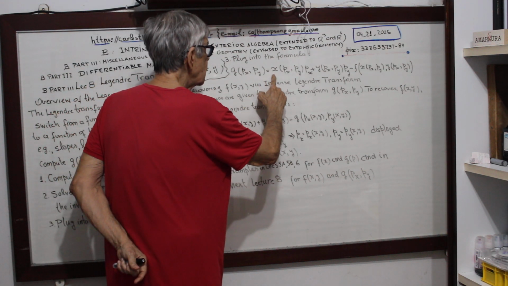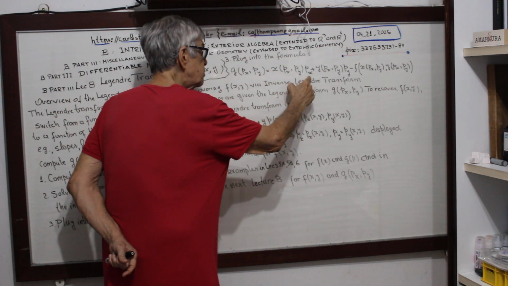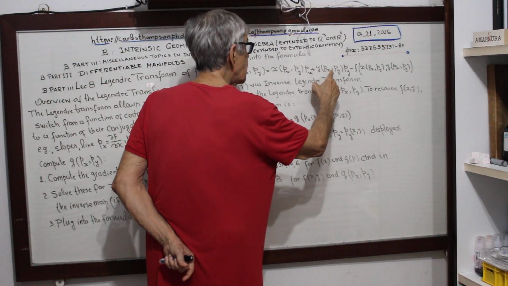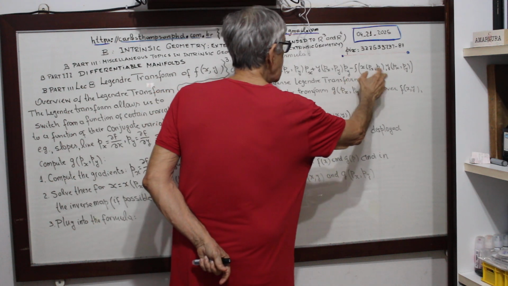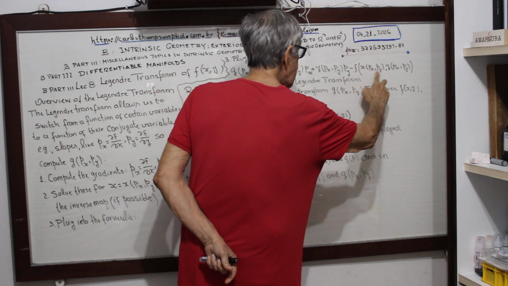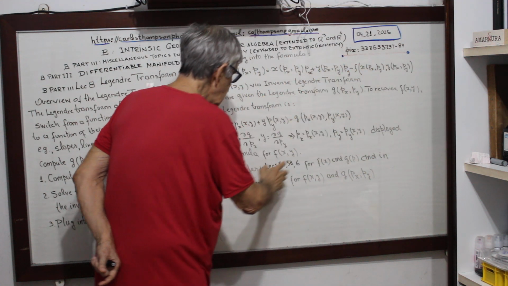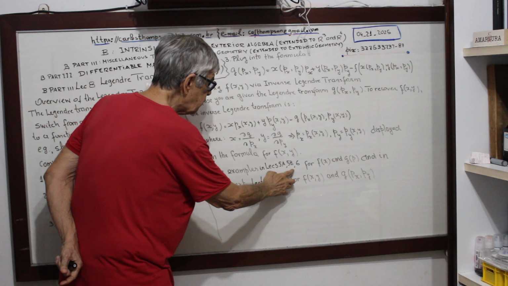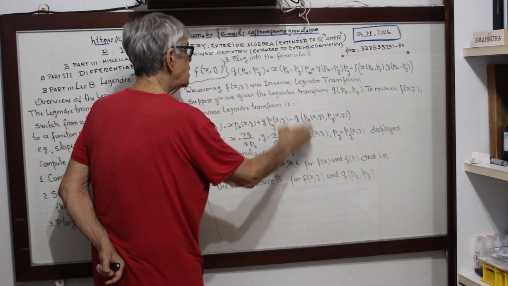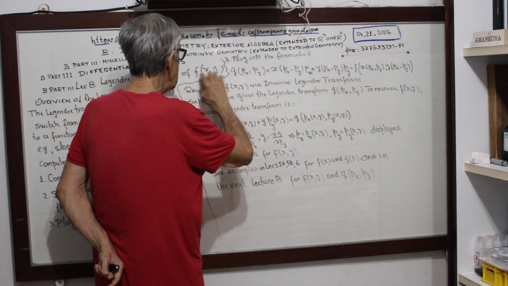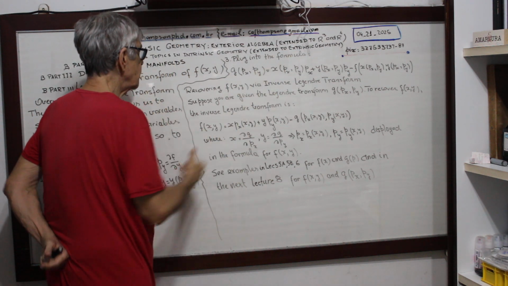Now, x as a function of px and py times px, plus y as a function of px and py times py, minus f of x as a function of px and py, and y as a function of px and py. Exactly as we did in lectures 5a, 5b, and 6. You go there, study there, see this formula, and apply the extension.